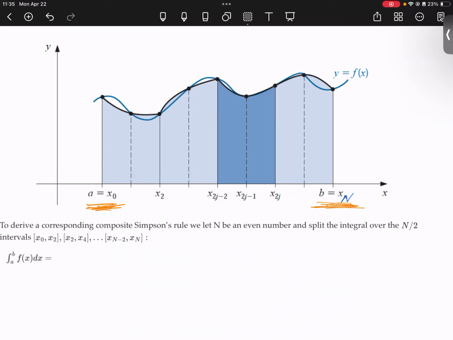Now we just apply the Simpson's rule for each subinterval, and we will do the same process.